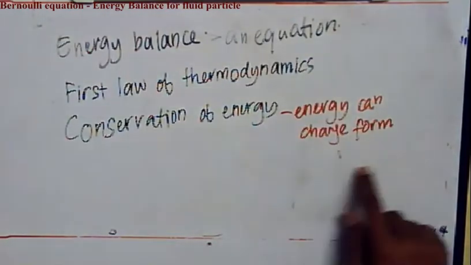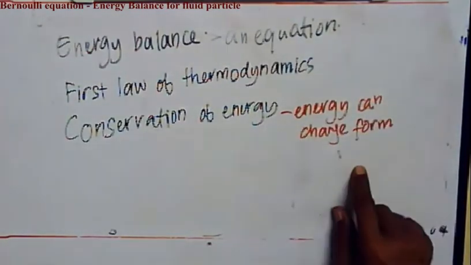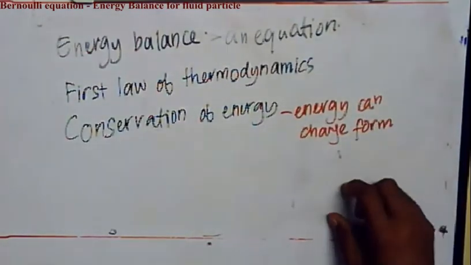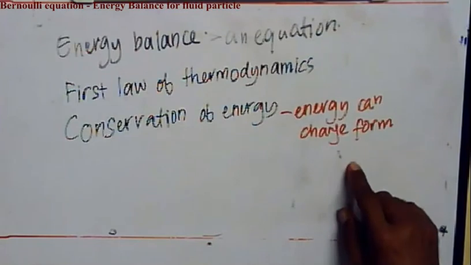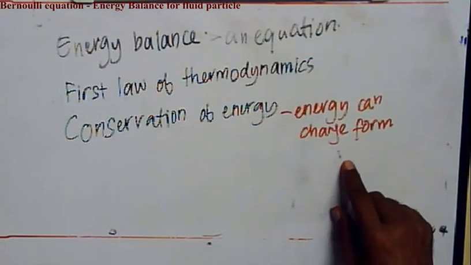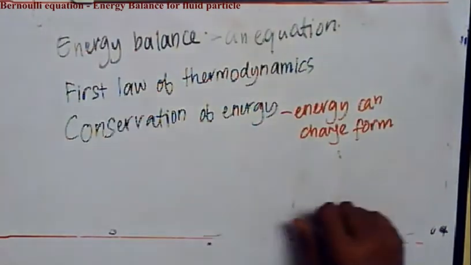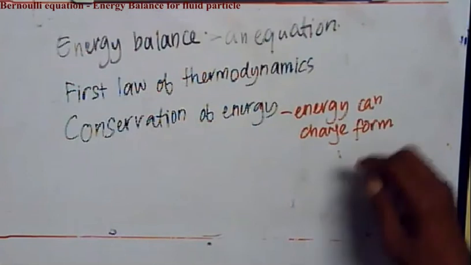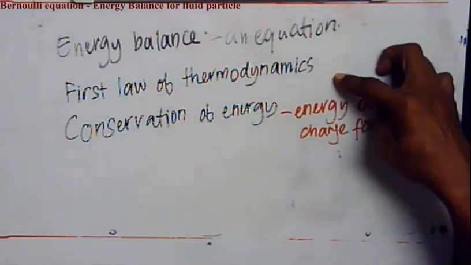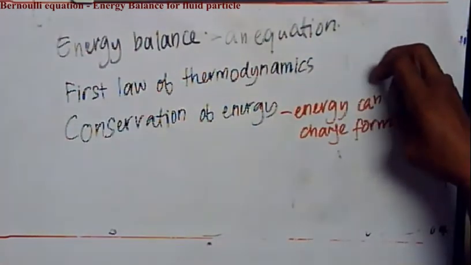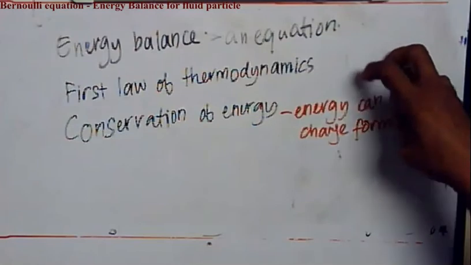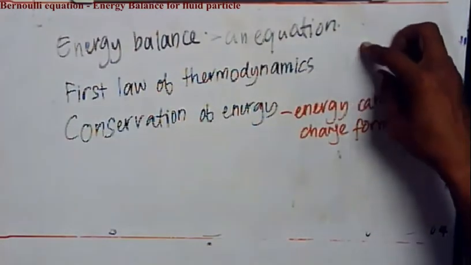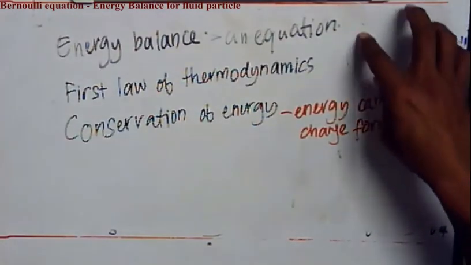And this statement cannot be solved, right? So we have to convert it into mathematical form. And this one is also being used in thermodynamics. We're going to call it the first law of thermodynamics. So the first law of thermodynamics says that energy can change form, and we translate this statement into an equation.